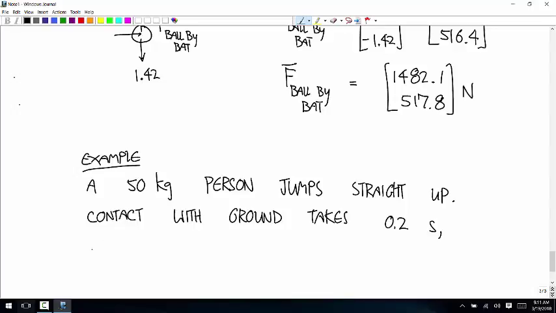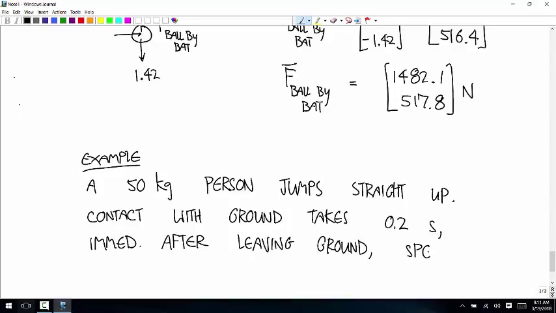And immediately after leaving the ground, the person's speed is 2.5 meters per second.